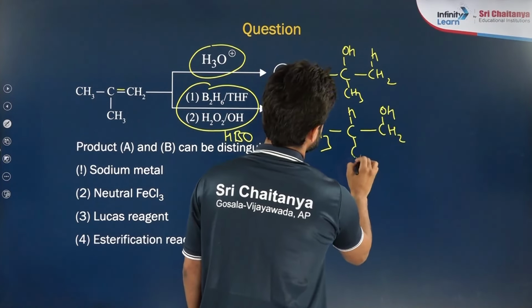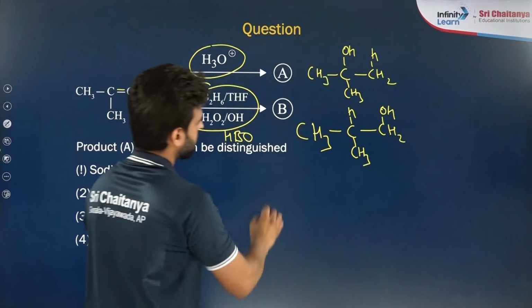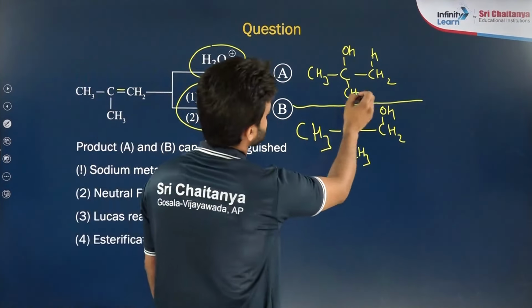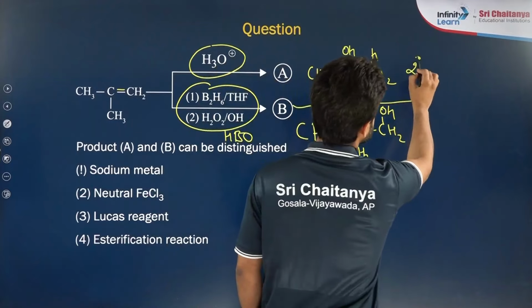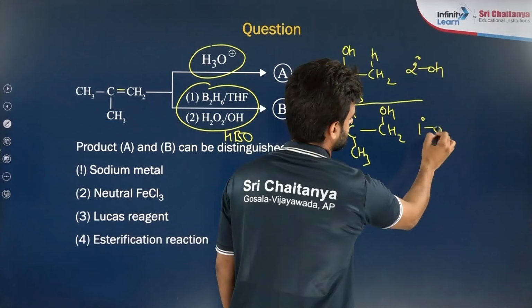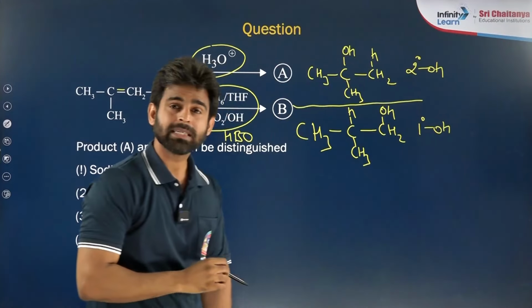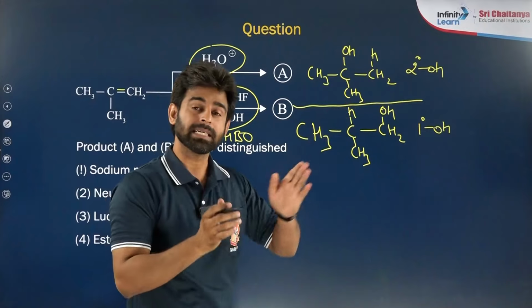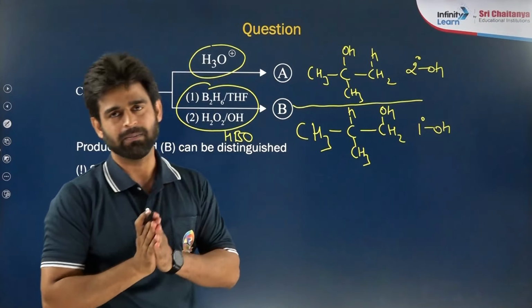It will give us the anti-Markovnikov product, right? So if you see the difference in the two products, this one is a secondary alcohol, whereas this one is a primary alcohol, because OH is attached to the primary carbon here, and here OH is attached to the secondary carbon, right?